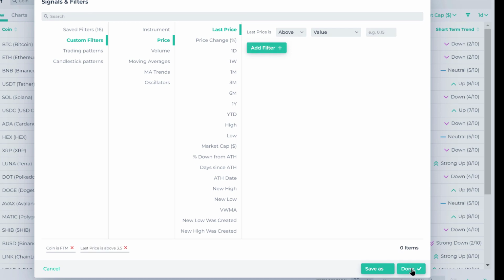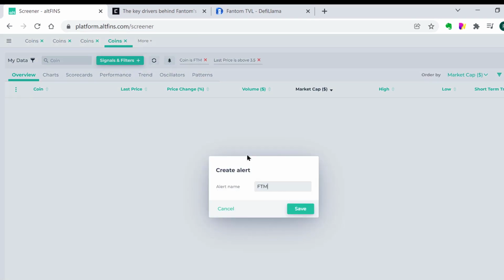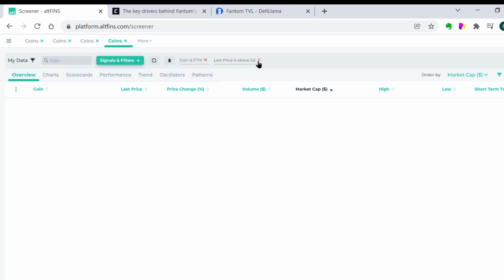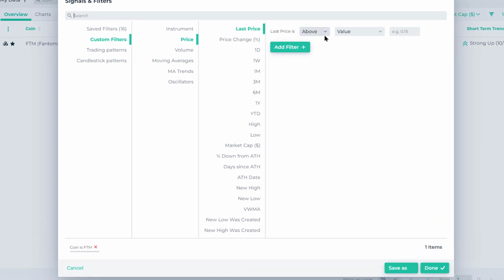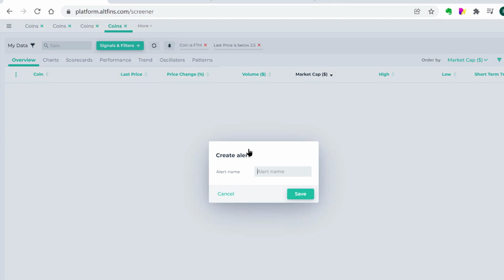Add filter, click on done, click on the alert icon and say Fantom 350, should we buy it? And then I also want to be alerted when the price dips to 250, right? So buy it on the pullback or buy it on the breakout, one or the other, right?